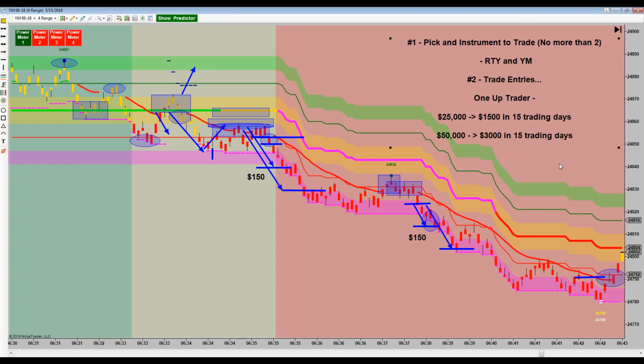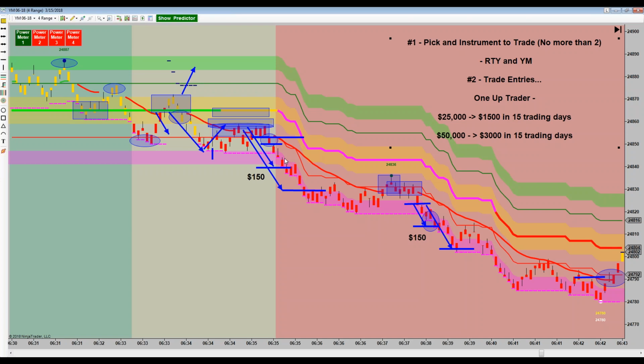So, let's just do some simple math. To get 15 trading days to get funded on a $25,000 trading account, how much money do you need to make net per day? This one right here. Pretty simple math. About 100 a day. What does that mean? What do you mean 100 a day?